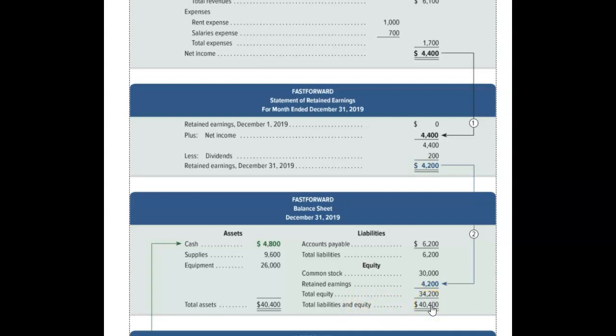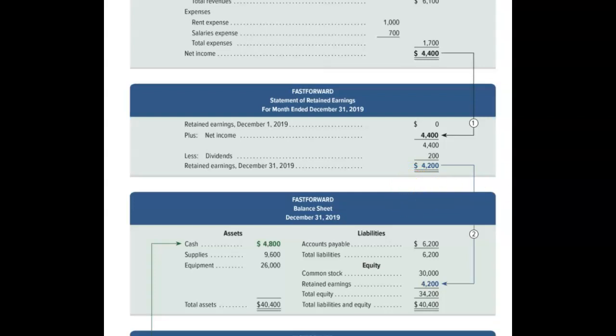Let's take a couple of minutes to notice some very important things about the balance sheet. Notice that the ending balance of retained earnings is shown on the balance sheet. The ending balance is the calculated ending balance of retained earnings on the statement of retained earnings. Next, notice the dates shown on these financial statements.